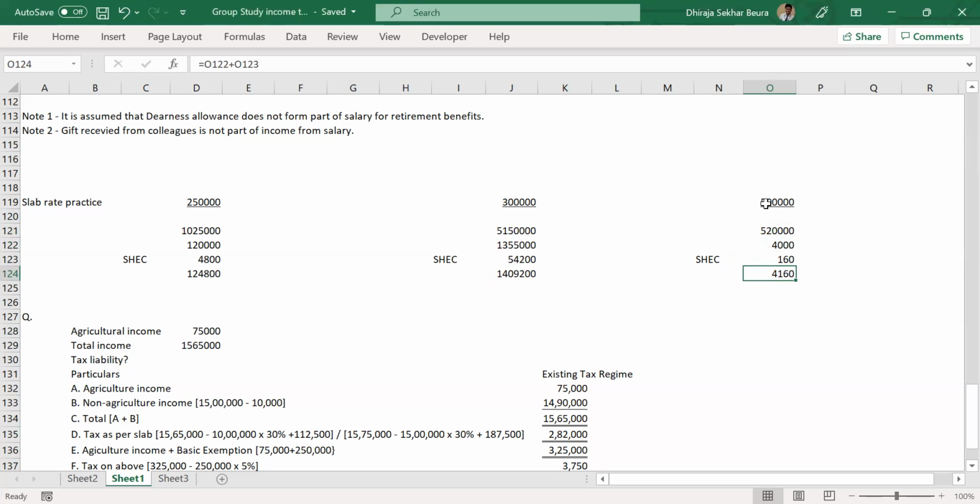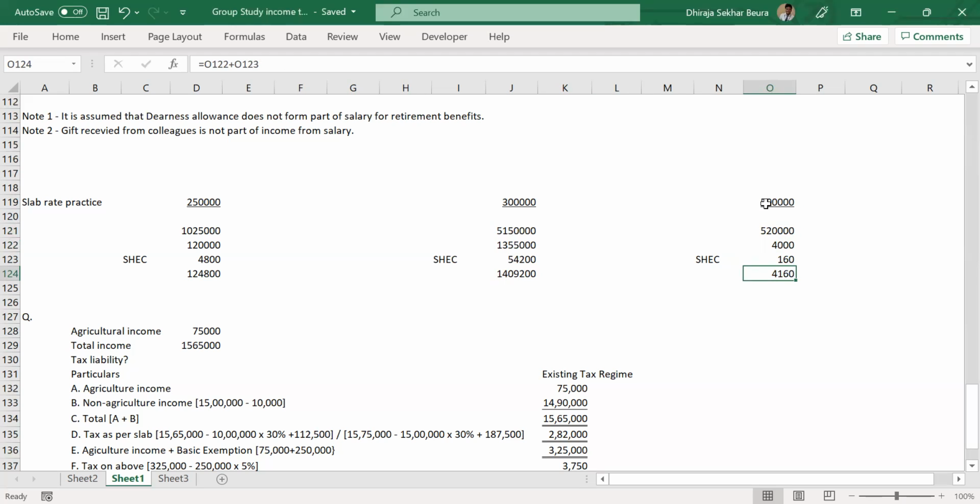Sorry, 1 second. Can you please calculate? 4,160. 4,160 is the correct answer. Thank you. Everybody got it, right? Yes.